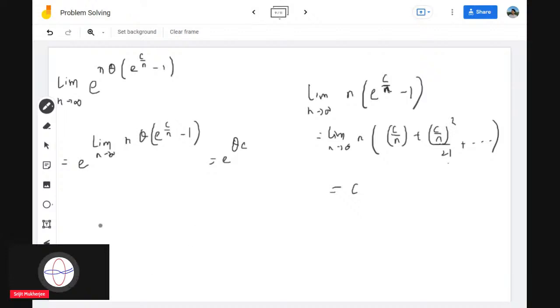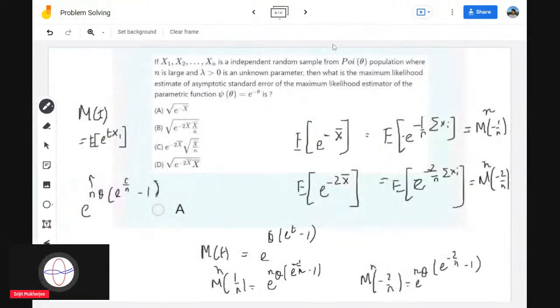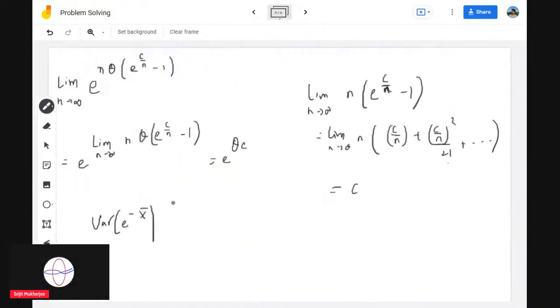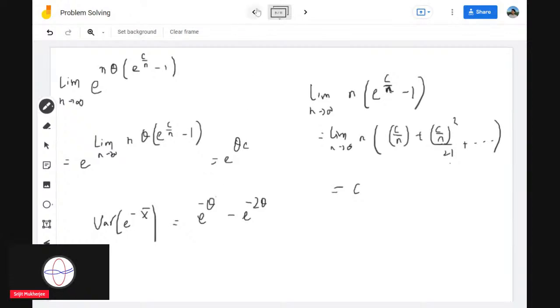So therefore the variance of e to the power minus x bar is nothing but e to the power theta minus e to the power minus 2 theta, right? Sorry, I think there's something. Wait.